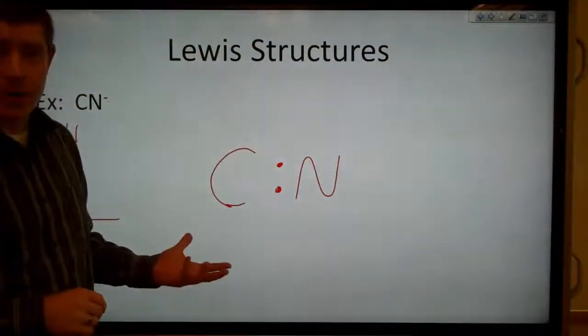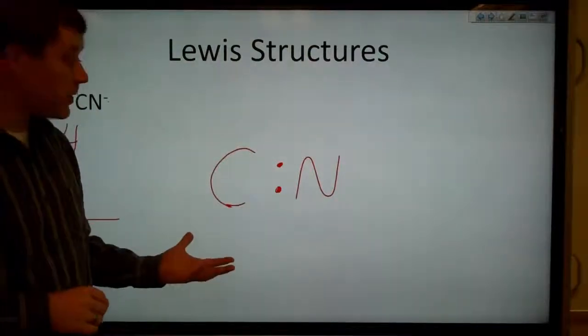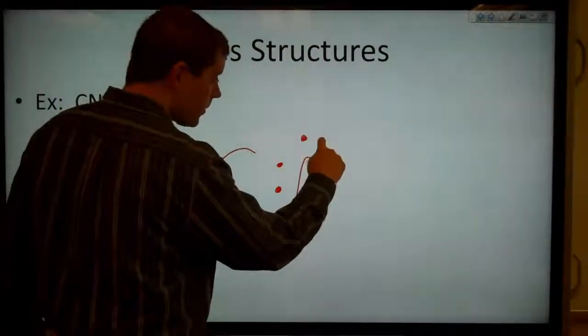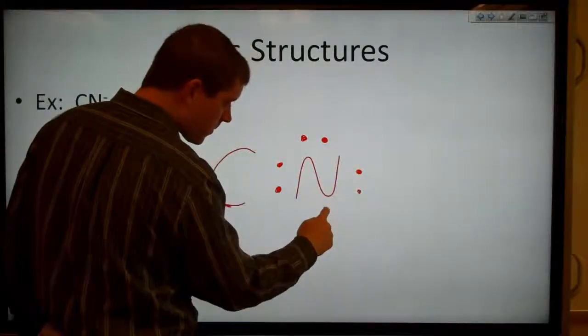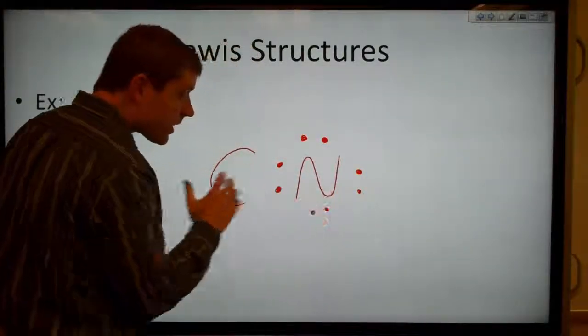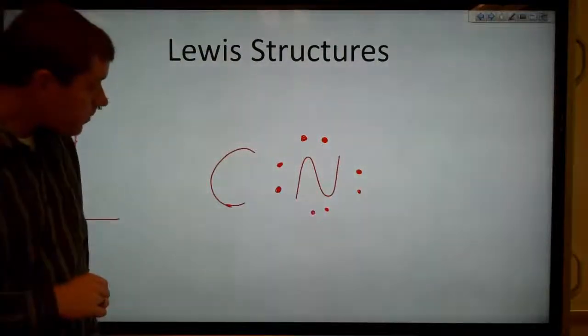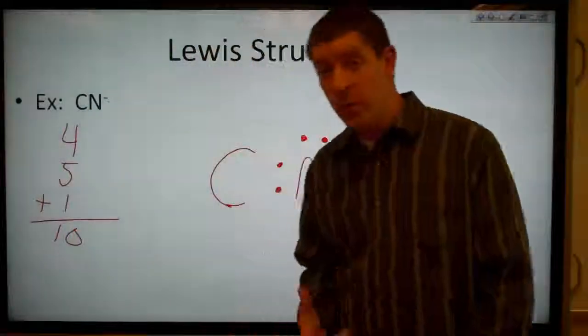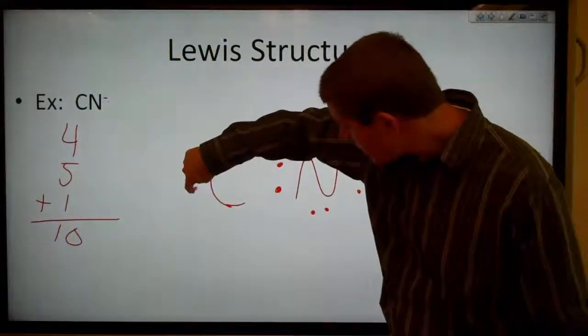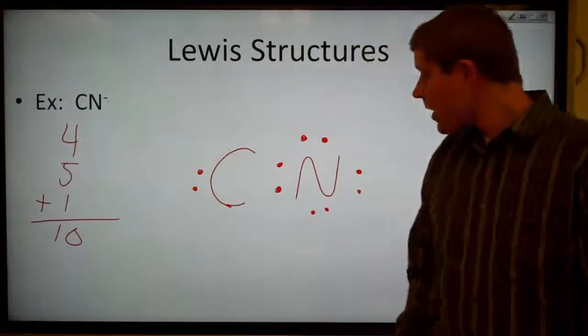Now which one is more electronegative? The nitrogen. So let's add some electrons on the nitrogen. So now we've satisfied the octet rule for the nitrogen. And we have 8 electrons in there. We need 10, so I can put in 2 more. So I'll put in 2 more over here on the carbon.